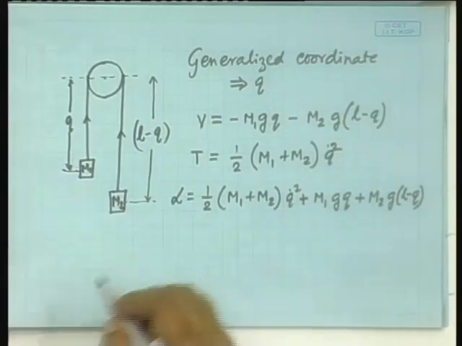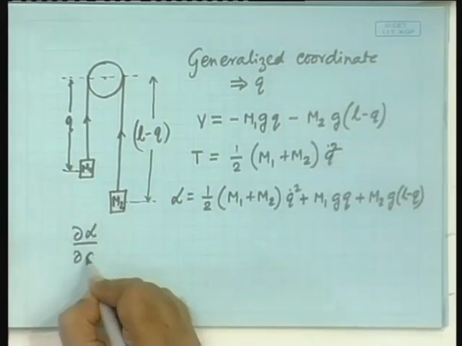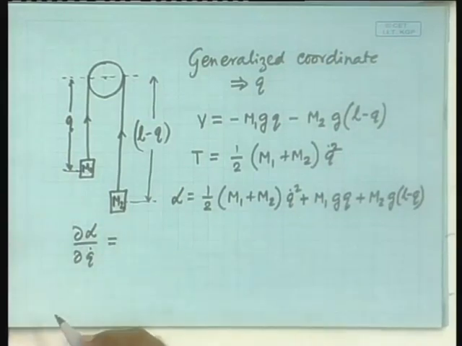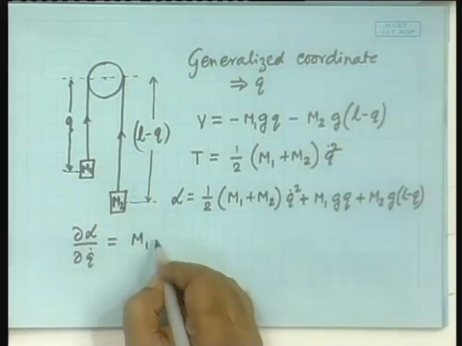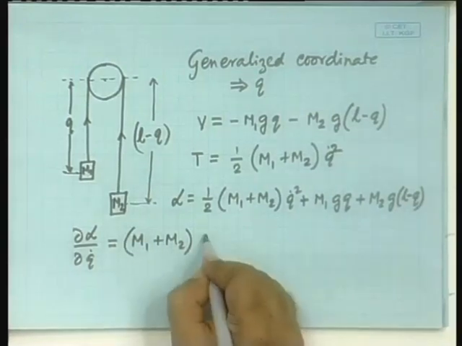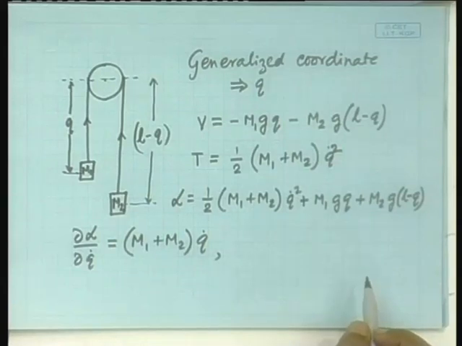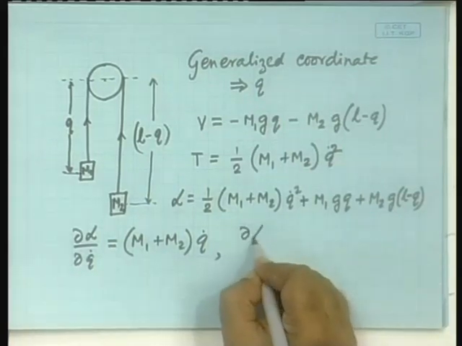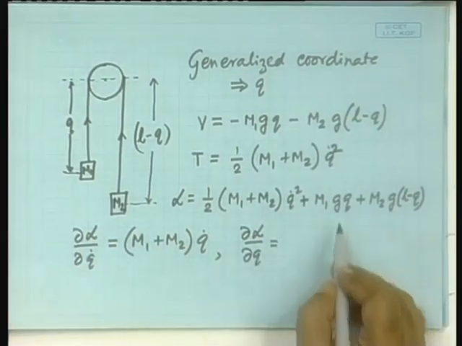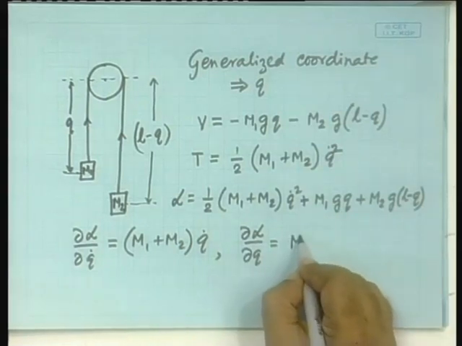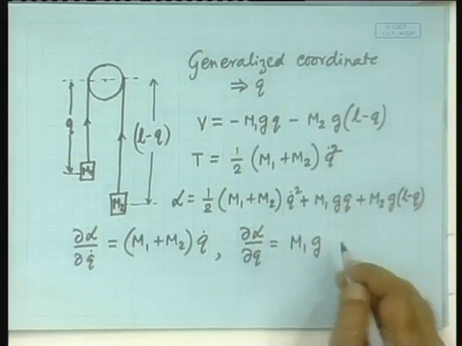Okay. Now, let us differentiate. So, the derivative with respect to q dot is (M1 plus M2) q dot, and the derivative with respect to q is, let us see this term, M1 G, this fellow cancels off, this fellow vanishes.